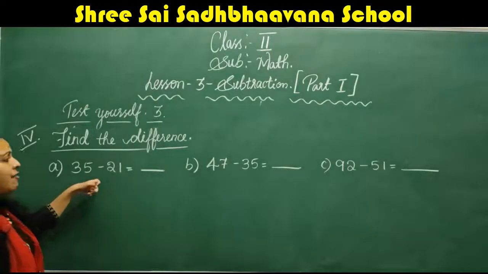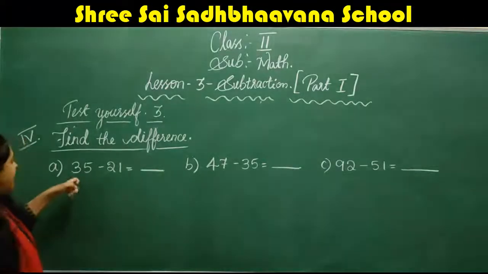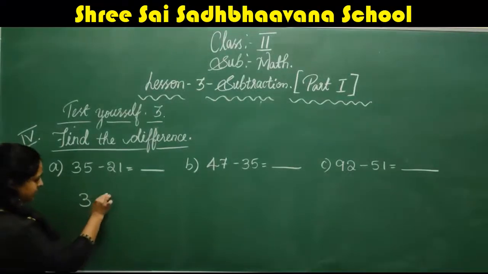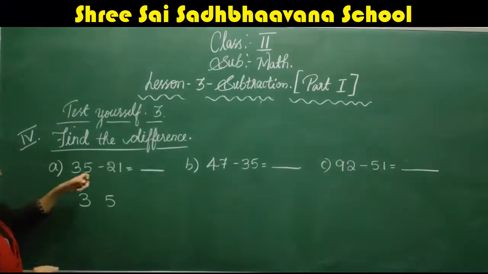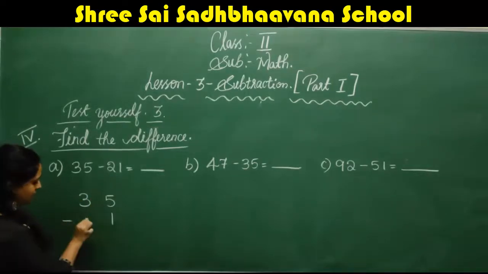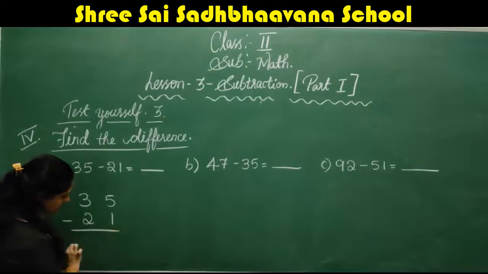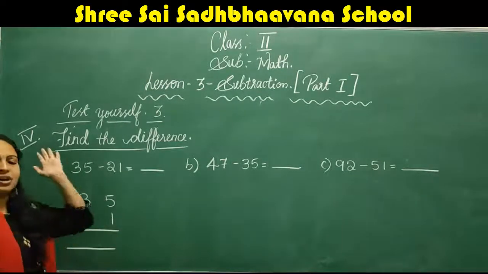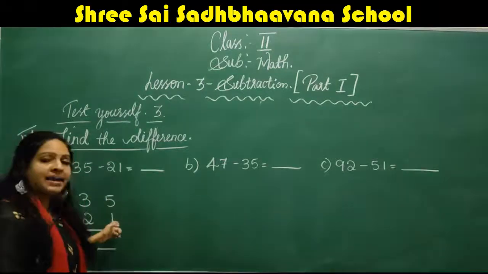So here they have given like this. What I will do? I will write the greatest number first like this, 35. From this I will minus 21. Now let us subtract. 5 minus 1.